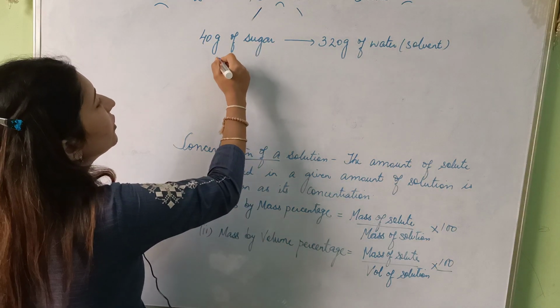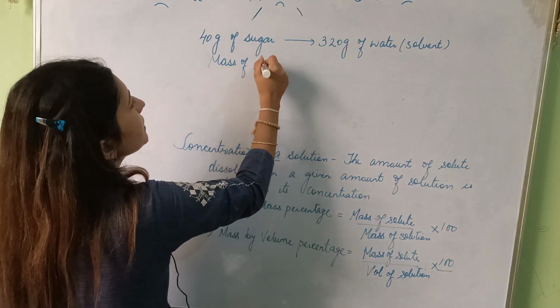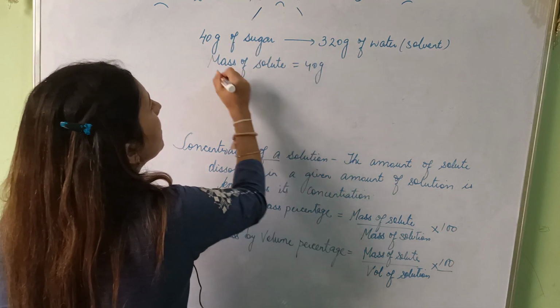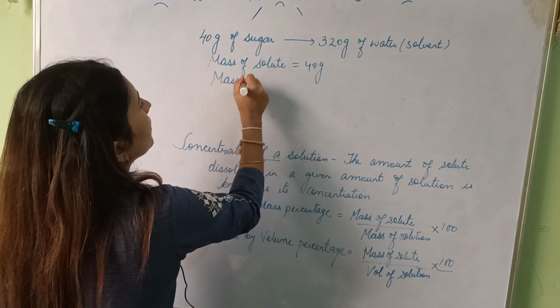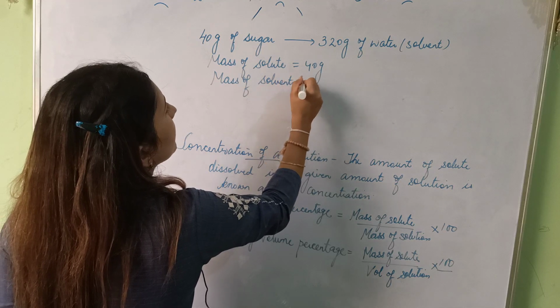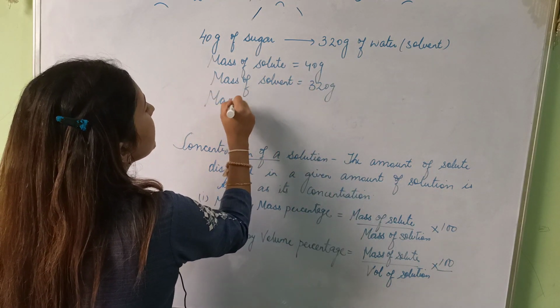So for calculating the percentage, पहले तो आप लिखोगे what is mass of solute. We'll go stepwise. Mass of solute here is 40 gram. Mass of solvent is equal to 320 gram. Now mass of solution, पूरा solution कितना था?